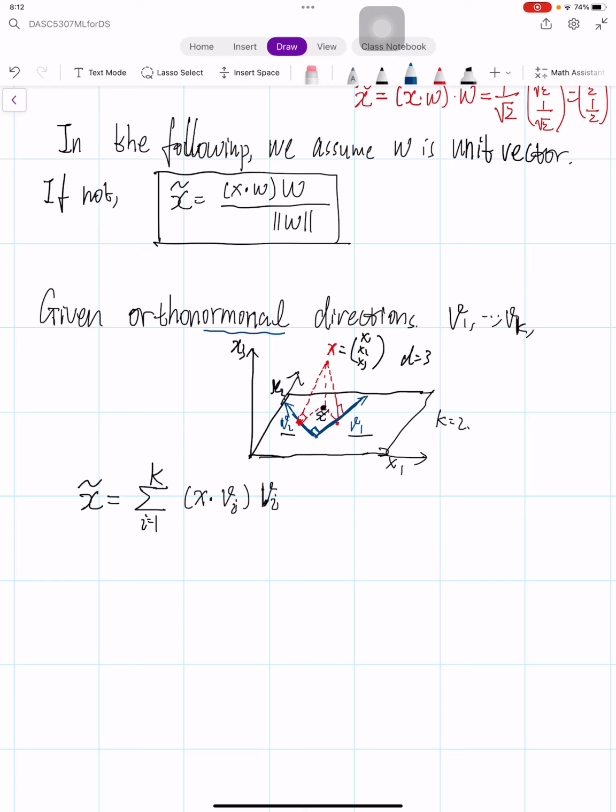And this is also called the k principal coordinates, because we have k.